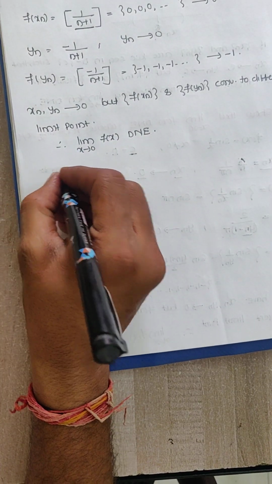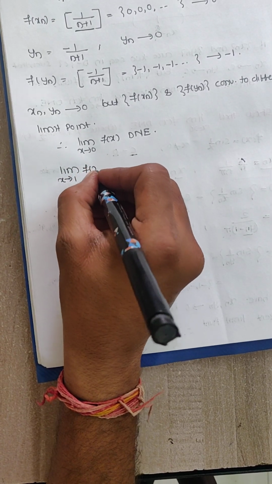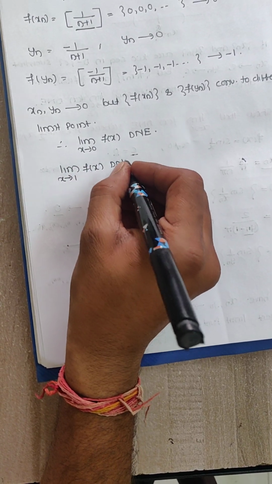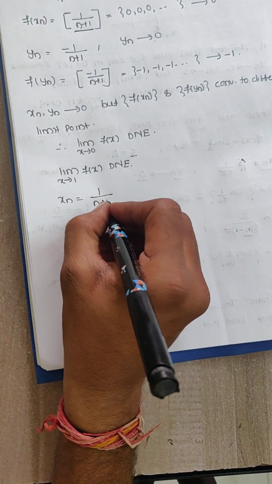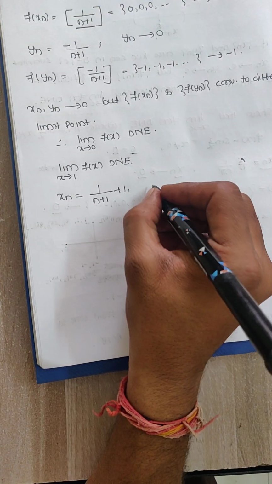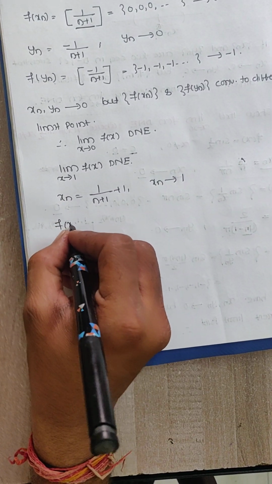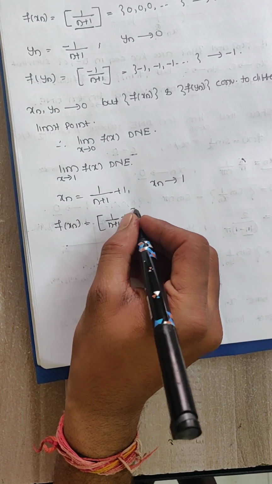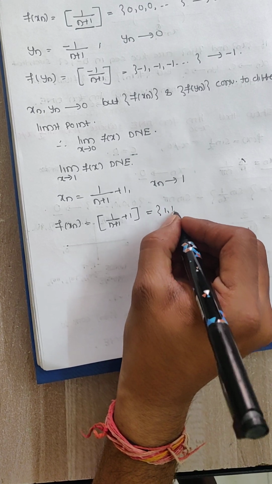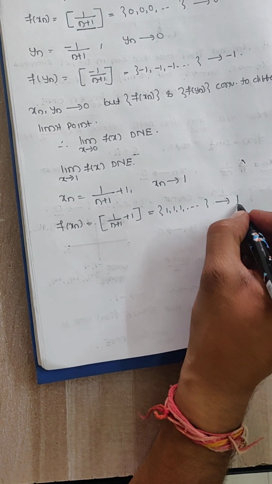Okay, if the question is that limit x tends to 1, f(x) does not exist, how can I show that? In place of x_n, I will take 1 by n plus 1 plus 1. Now x_n converges to 1. f of x_n is nothing but 1, 1, 1, 1, that converges to 1.